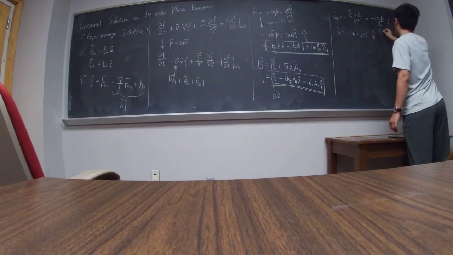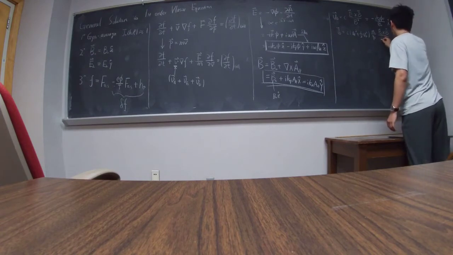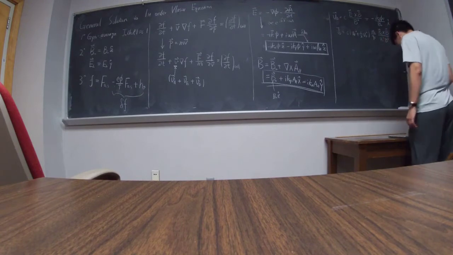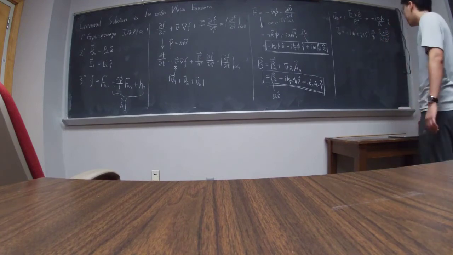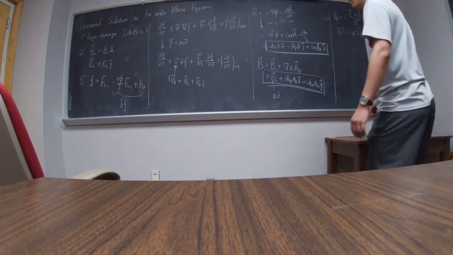Big R stands for the major radius, if we consider the tokamak device.